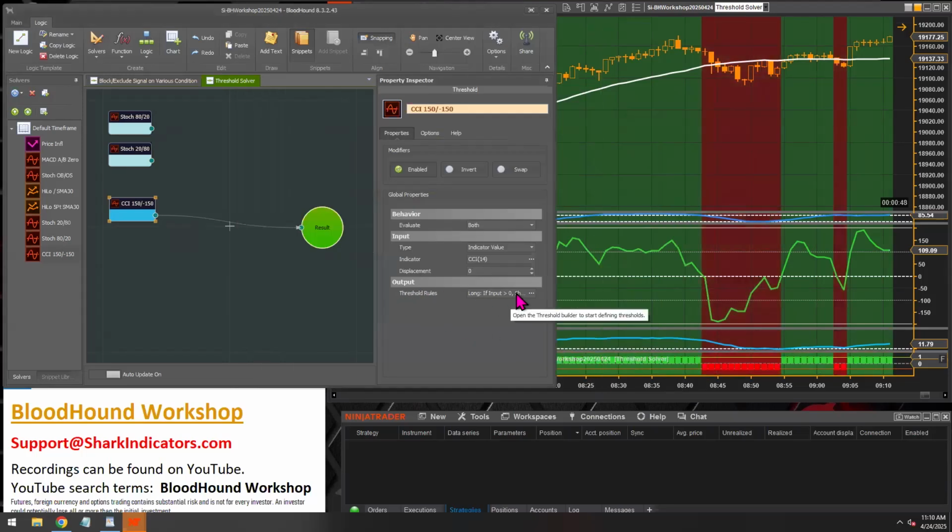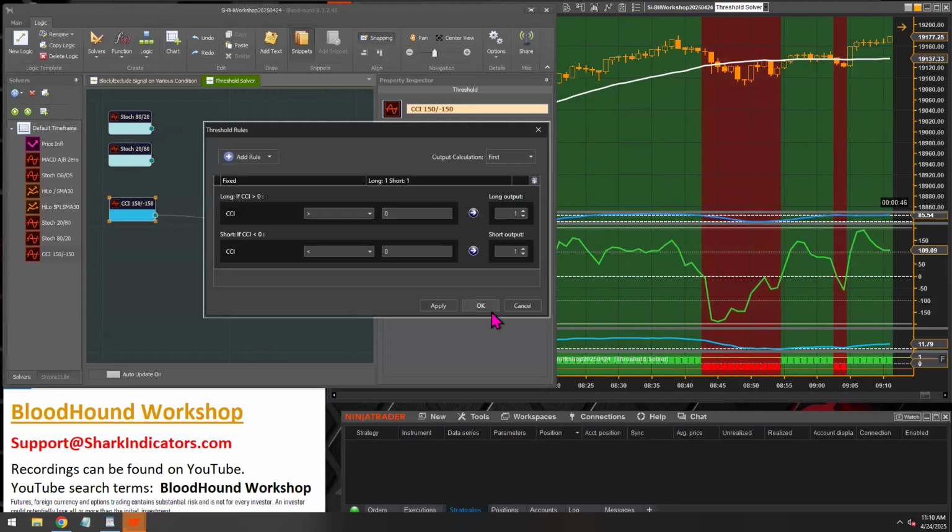So now we just go into the threshold rules. And right, so again, the default is above 0 or below 0, right? So there we go. We can see whenever that CCI is above 0, we're getting a long output or a short output, right?